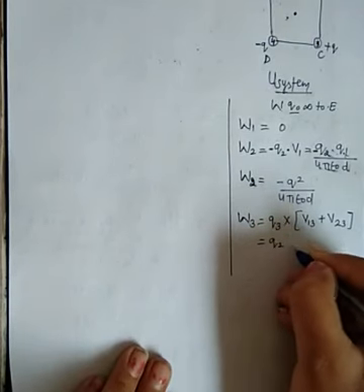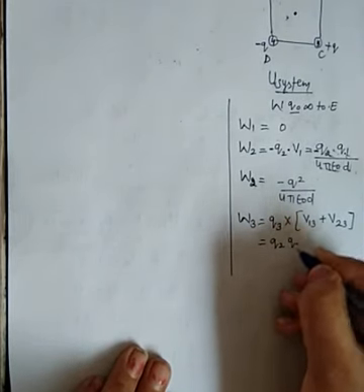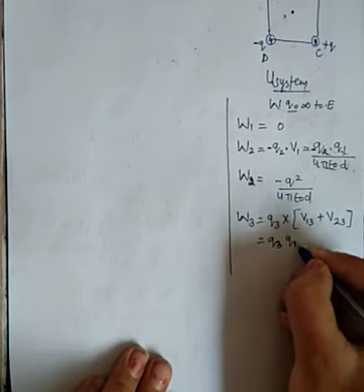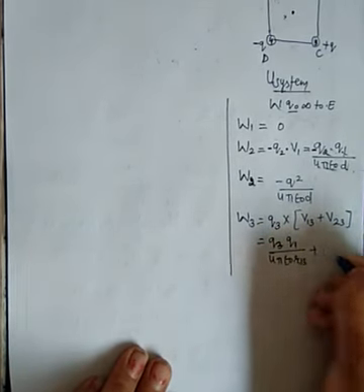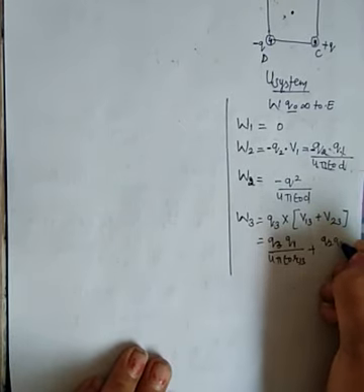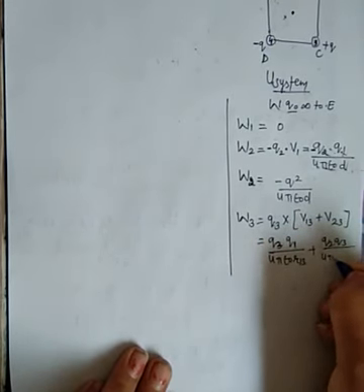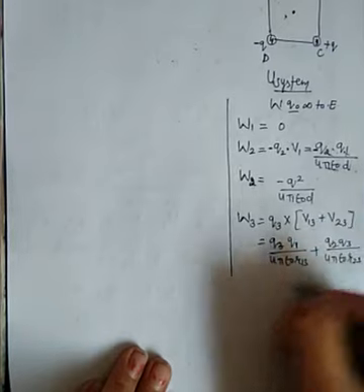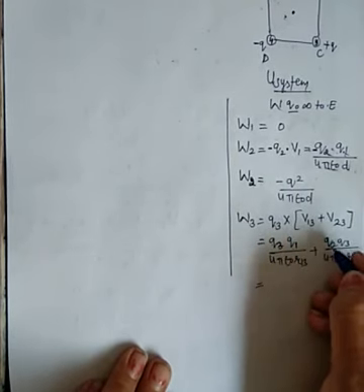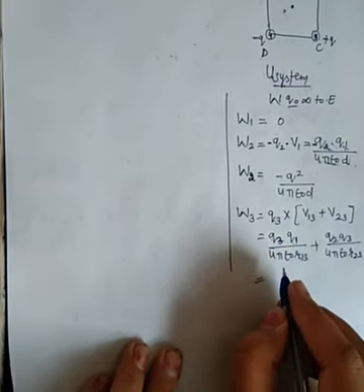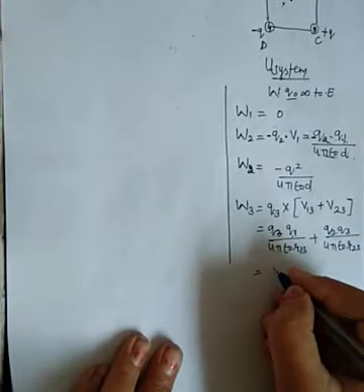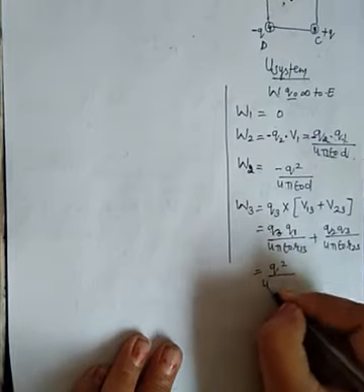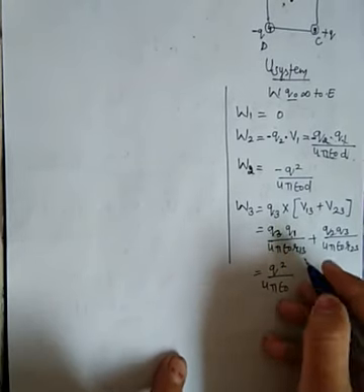It will be Q3 Q1 upon 4 pi epsilon naught R13, plus Q2 Q3 upon 4 pi epsilon naught R23. What is Q3 Q1 and Q2 Q3? That is Q, but we have to consider its sign. Q3 into Q1, that is Q square upon 4 pi epsilon naught R13.